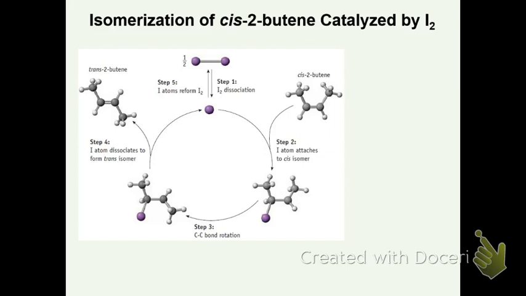So in the first step, the iodine adds to the cis-2-butene, which ends up breaking that carbon-carbon double bond. And then once that bond is broken, there is free rotation of the carbon-carbon single bond, and so the location of the methyl groups switch. And then the iodine atom dissociates, and in the process of doing so, reforms that double bond and regenerates the iodine atom.